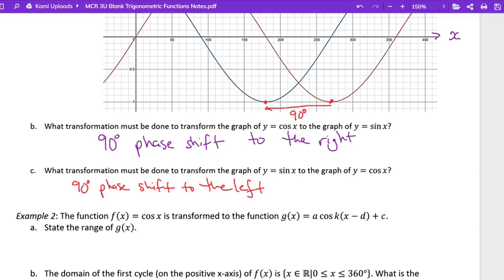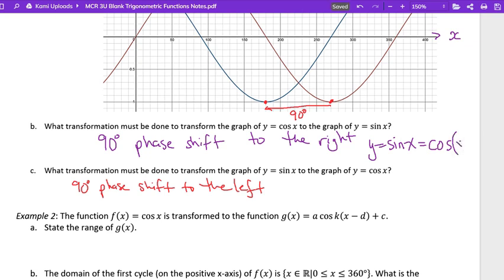All right, folks, let's actually write some equations. We've got y equals sine x. How can I write cos to be identical? We already said we have to add a phase shift of 90 degrees. So watch this. Where does the phase shift go?